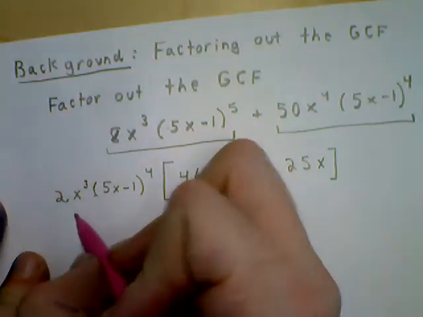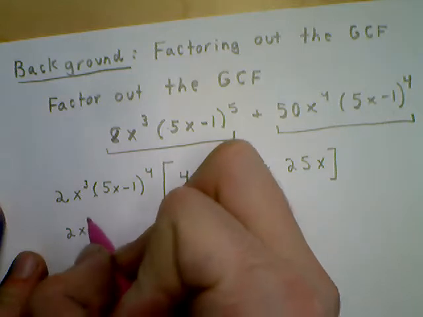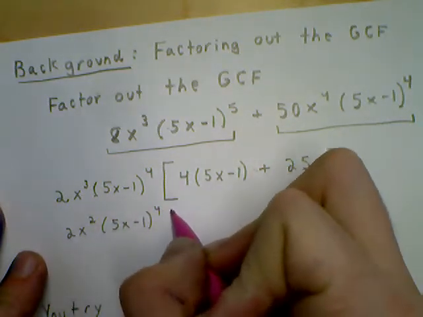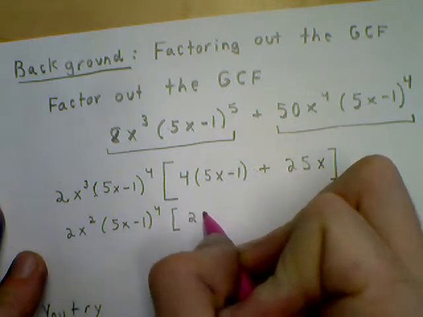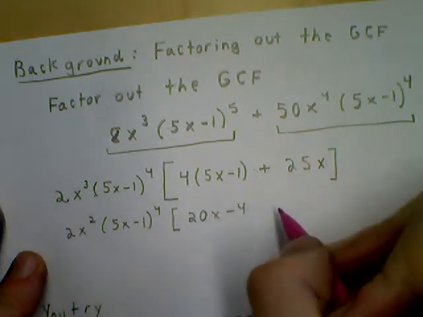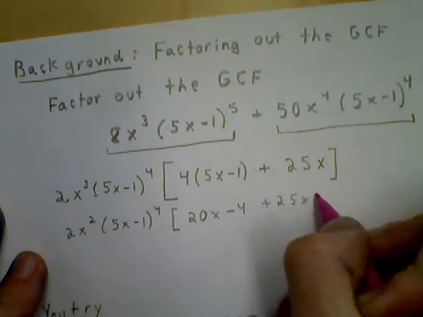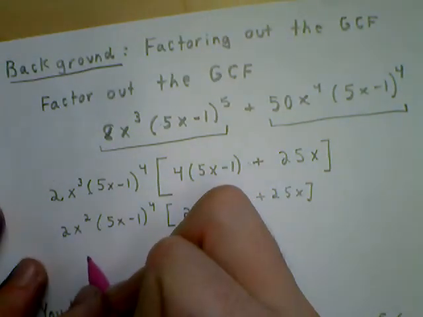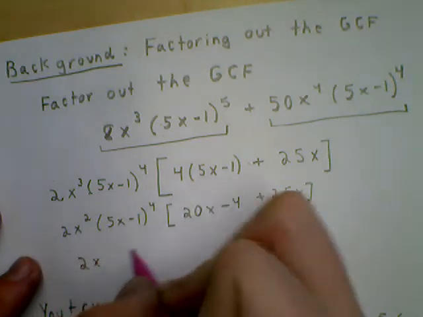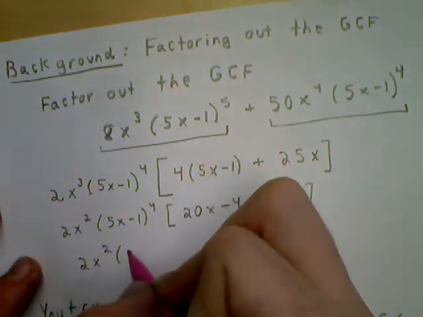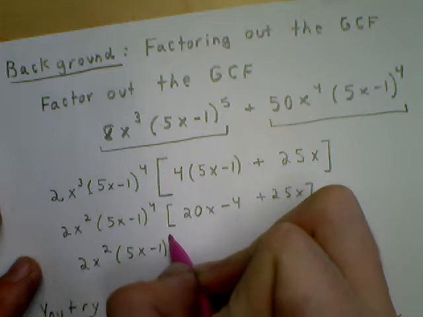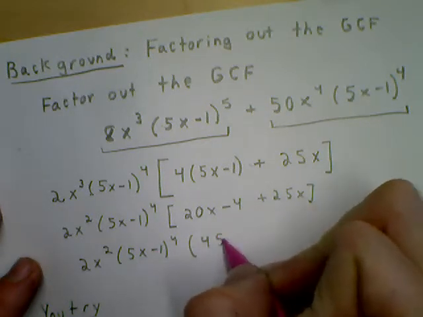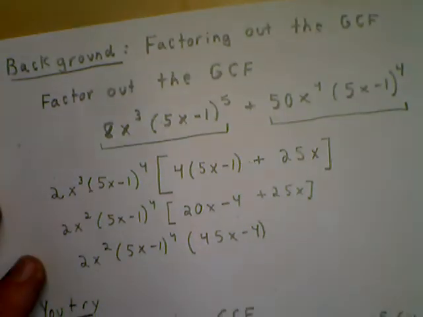So now let's go ahead and simplify. That gives me 2x cubed times 5x minus 1 to the fourth times 20x minus 4 plus 25x. And that gives me 2x cubed times the quantity 5x minus 1 to the fourth times 45x minus 4.